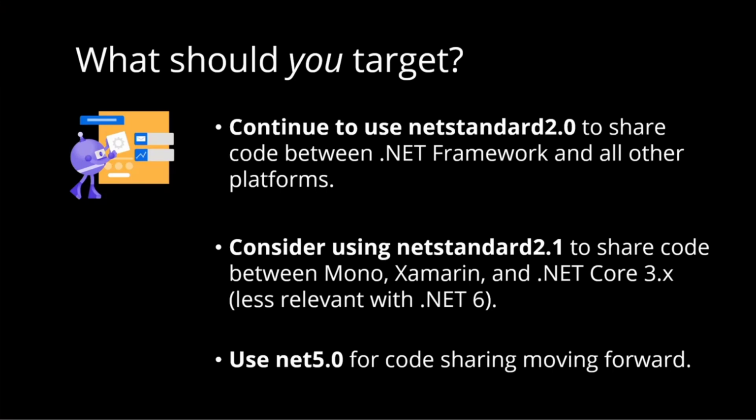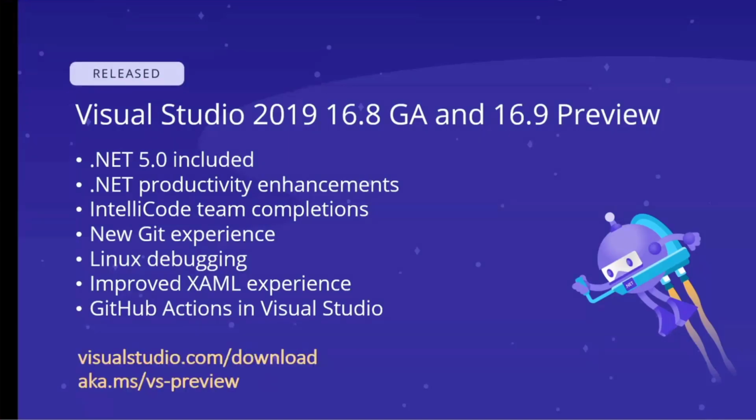So that's great, Jeff. You've talked about the various .NETs and the versions that are changing here. I use Visual Studio. Great. Visual Studio 2019 16.8 is at general availability. 16.9 is at preview. I believe we're at preview 3 right now. .NET 5 is in the box. There's all kinds of productivity enhancements in there, including IntelliCode team completions.